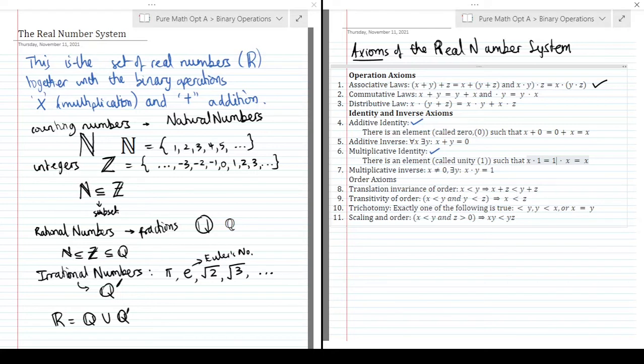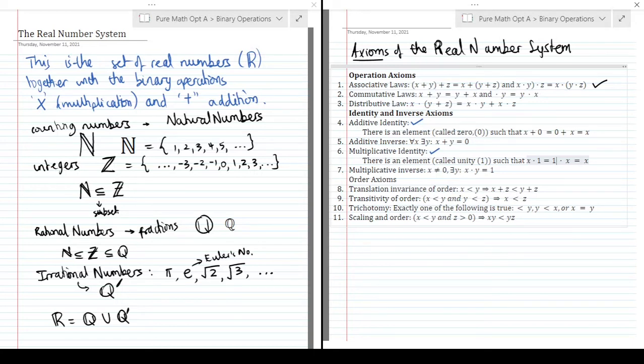The inverse of an element under addition is the number that you are going to add to that element in order to get the additive identity, right? So let me say that again. The inverse of an element is always defined in terms of the identity for a particular operation.